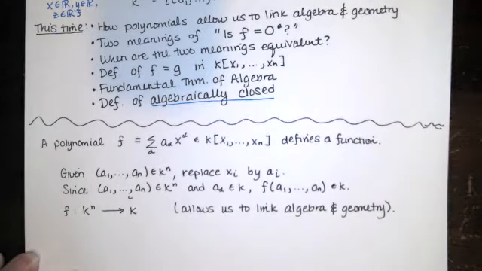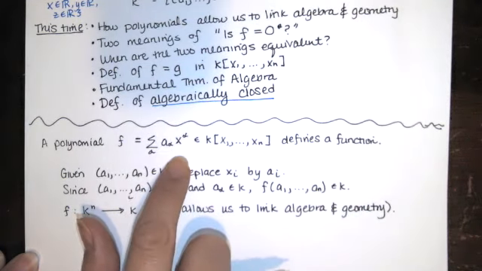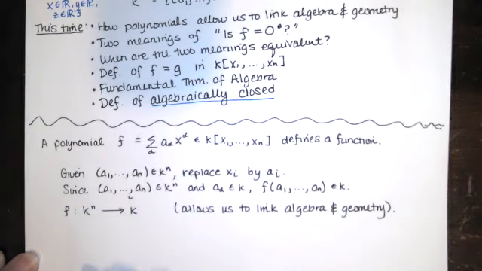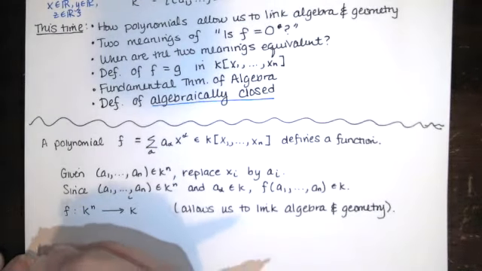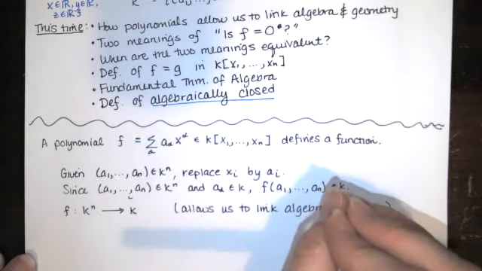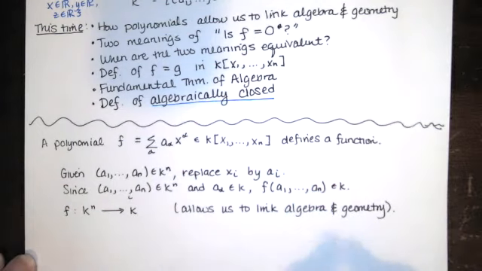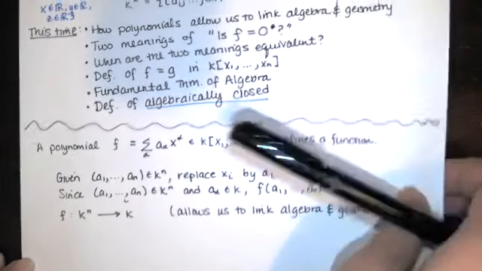I think that makes sense, because once you have this mapping, once you have a way to get from this expression, which defines a polynomial, to a set of n plus 1 tuples in n plus 1 dimensional affine space, now we're able to link a particular polynomial to a particular picture. That's allowing us to link algebra and geometry.